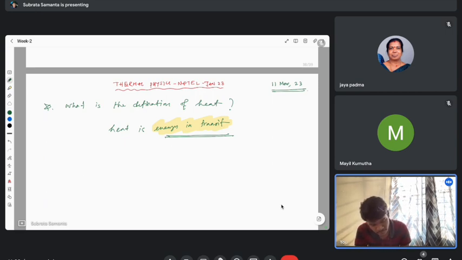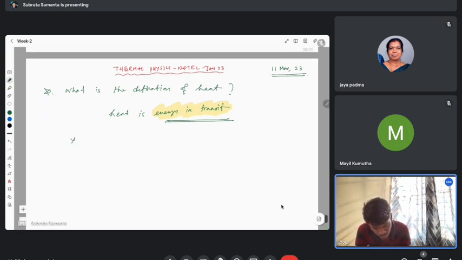So it is written explicitly that you can add heat to an object, but you cannot say that the object contains a certain quantity of heat.